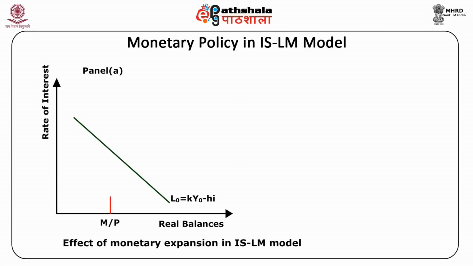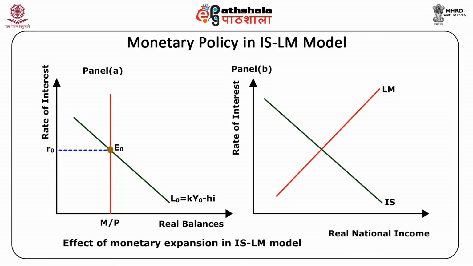Let us suppose that the money market is in equilibrium and the monetary authority changes the money supply by raising the nominal money balances M. The impact of this change in the supply of money is illustrated in panel A of the figure. The initial equilibrium in the economy is at point E0 where M/P equals L0 and the rate of interest is R0.